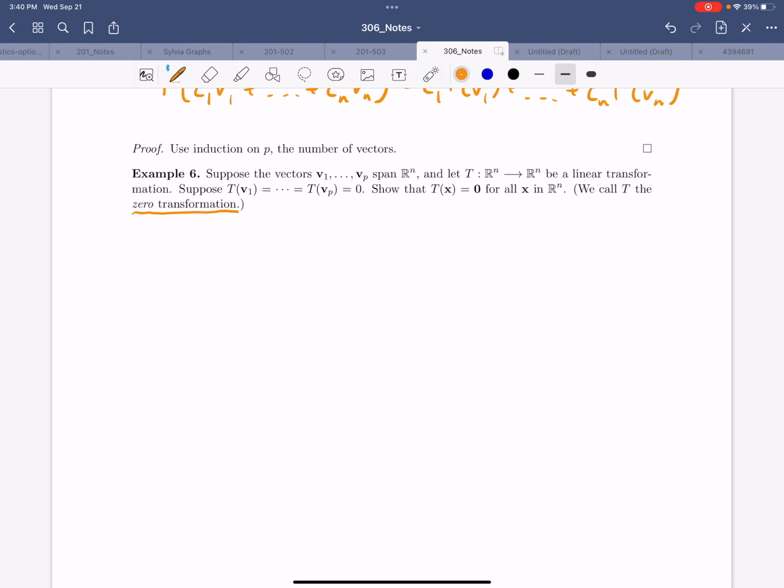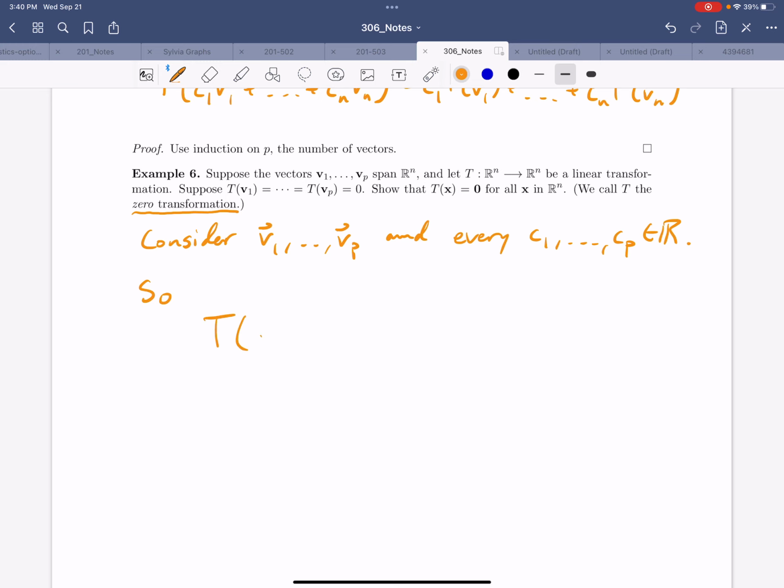So what we do is we say, okay, well, consider these vectors, I'll just say v1 through vp, and any or every c1 through cp in R, right? Any scalars that you want.